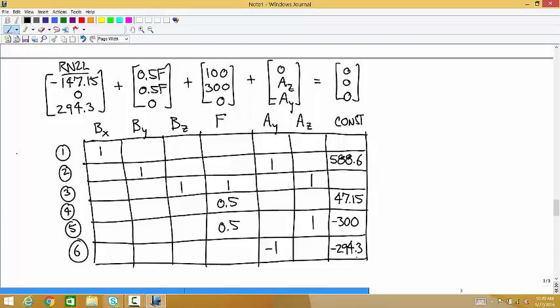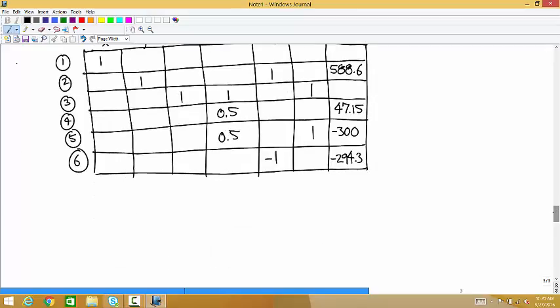And what I have written down for solutions is the B vector is 0, 294.3, 252.85, the value F is equal to just 94.3.